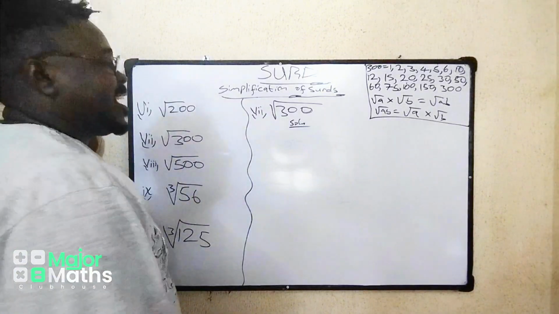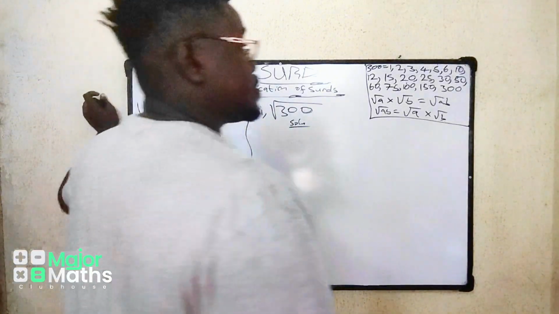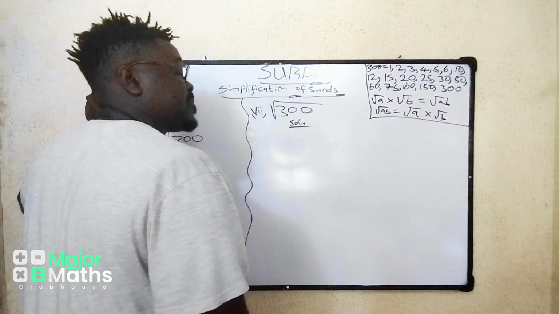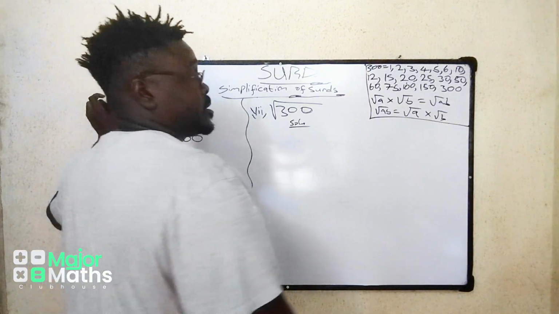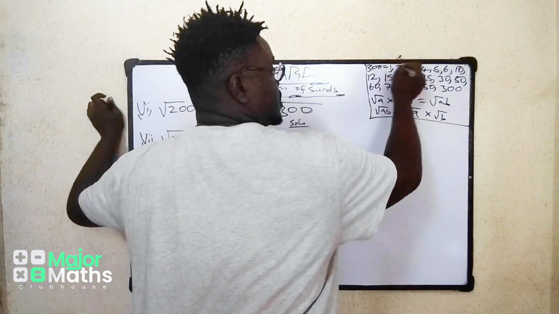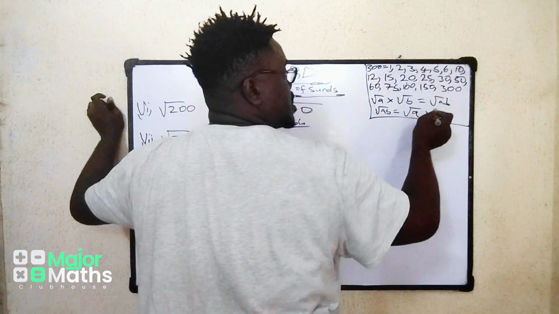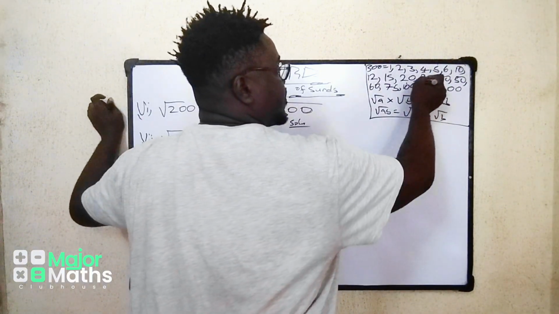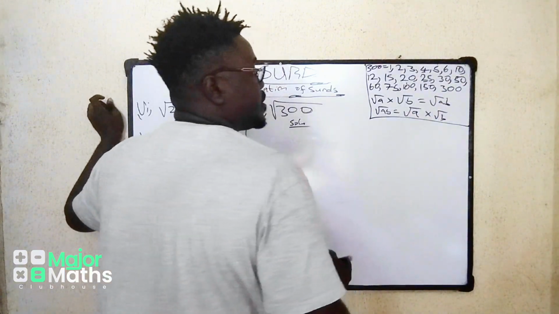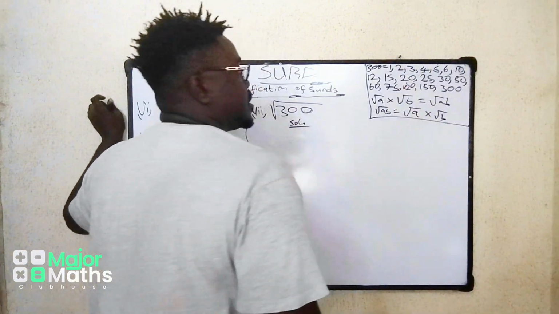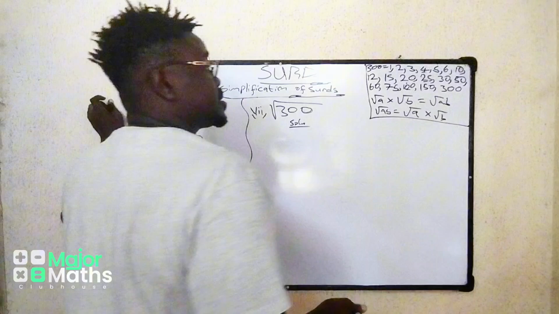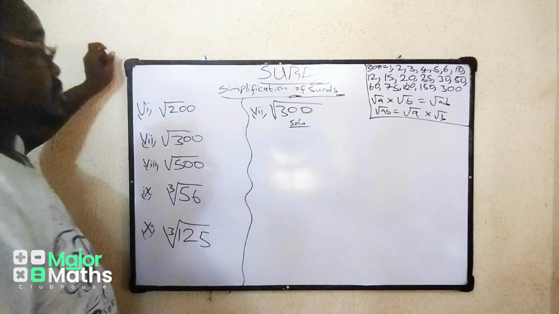All right, so let's find the factors that are also perfect squares, and get out the highest perfect square here in the chain. So we have 1, 4, 25, 100, and we said that 100 times 3 is 300.